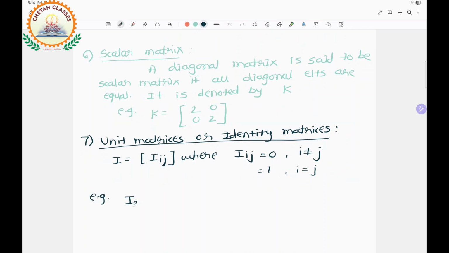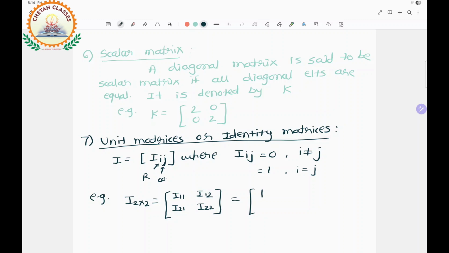For example, suppose I of matrix 2 cross 2. This is our first entry, I11. This is second entry, I12, then I21 and I22. Now i means these rows and this j means columns. So here i is equal to j, so this value is 1.